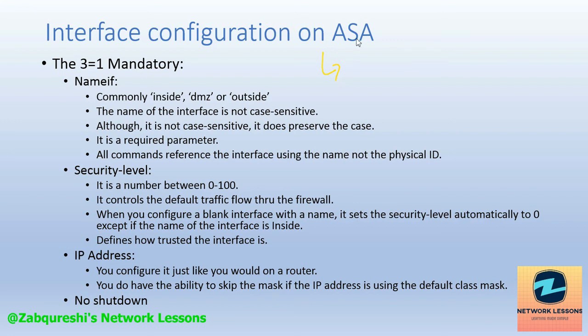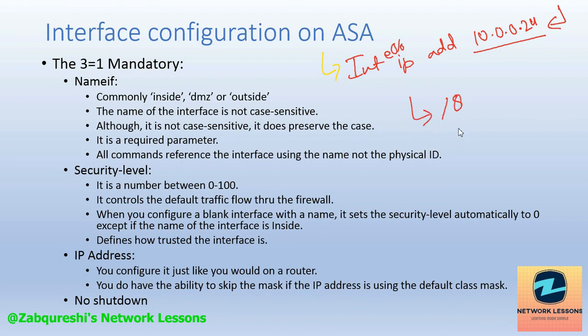For example, if you go into an interface, say interface E0/0, and on the next line say ip address 10.0.0.24 and hit enter, this will be taken. In a router you have to specify the subnet mask, but here the default subnet mask of the class will be taken, which will be /8, right? So you have that option.